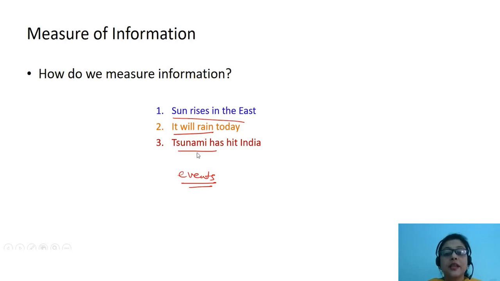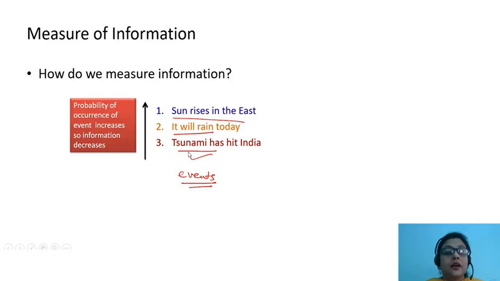And tsunami has hit India really comes as a shock to us because it is not a daily occurrence, so it has the lowest probability of occurrence. So we can understand here the probability of occurrence of an event increases in this direction.